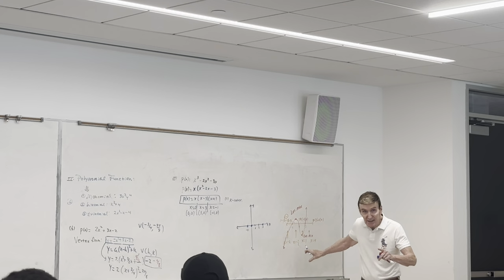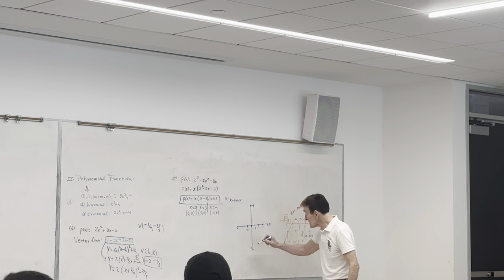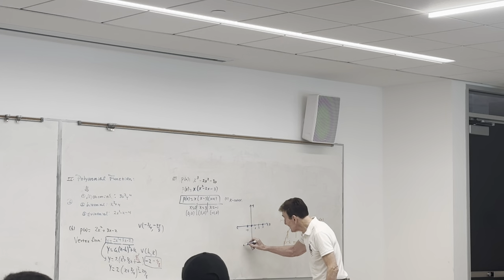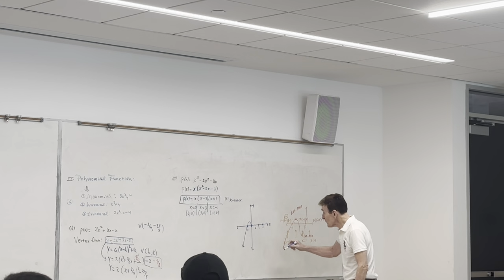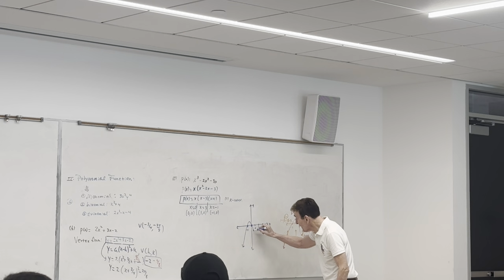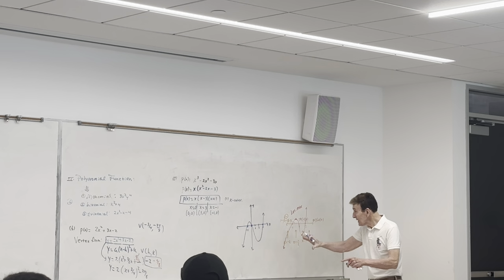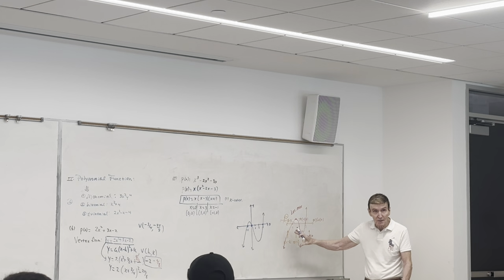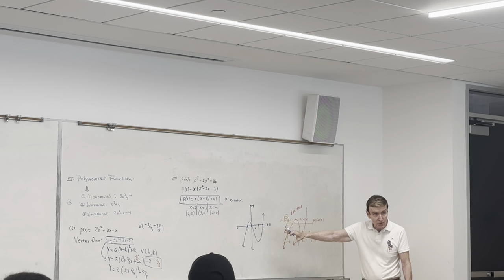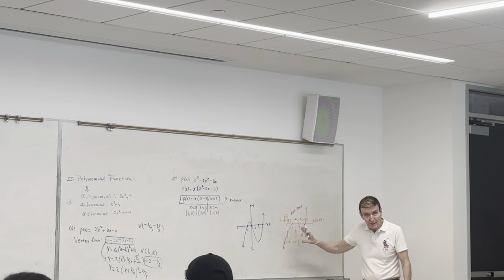We said through sign analysis on the side here that the graph looks something like this: it goes up, drops back down, comes back up, picks up at 3, and continues on its way. Is that basically what we're saying is happening based on this? So that's a graph. Is that true, guys? That's the basic shape of the graph I'm after, taking into consideration the sign analysis on the side here.